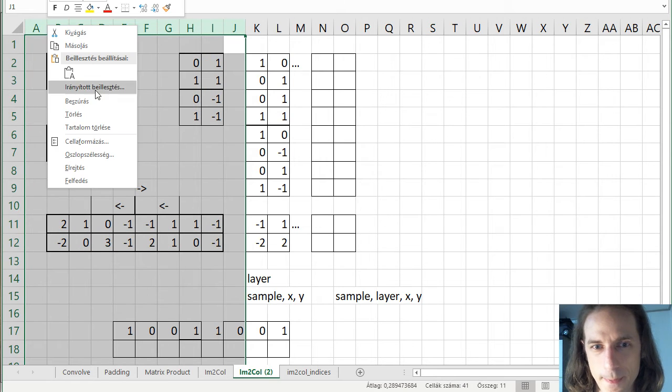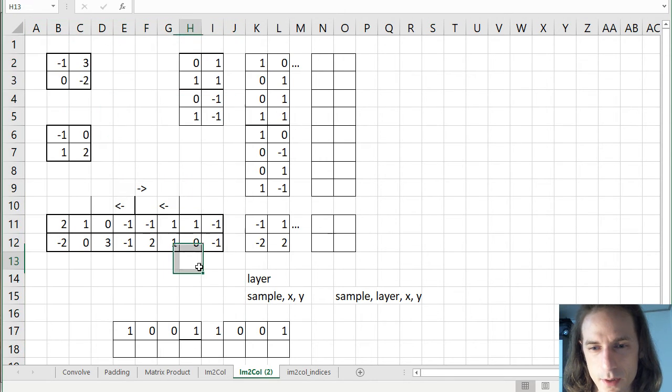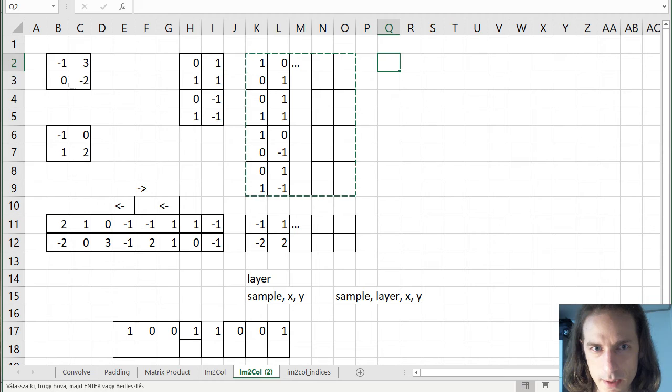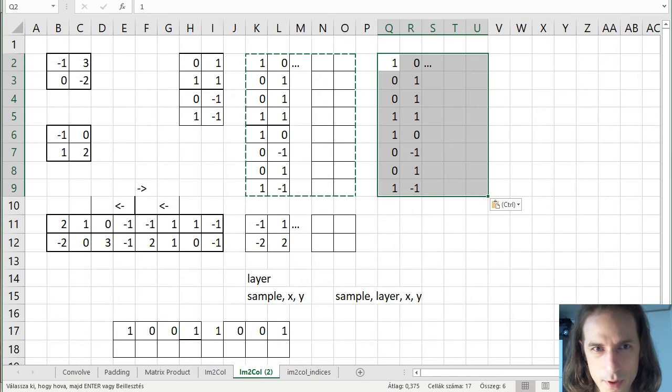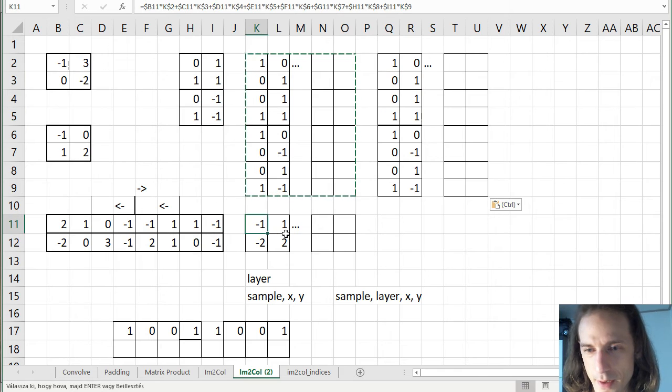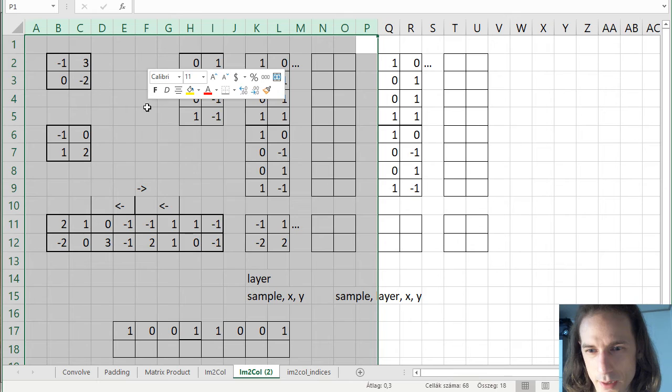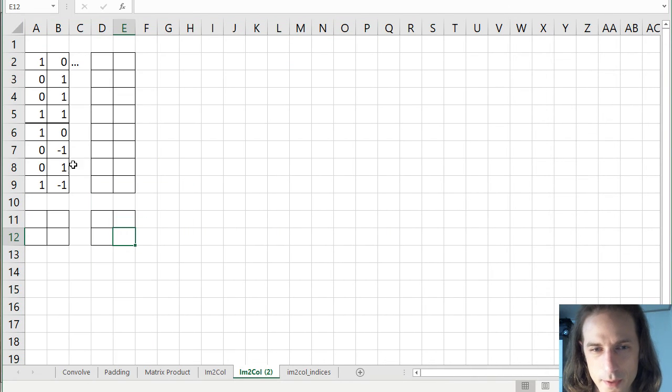Anyways, let's copy this format here and just delete everything here.